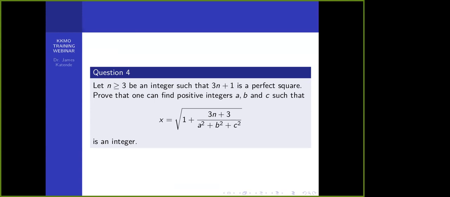Okay. So I was saying, since we're told that n is greater than or equal to 3, then 3n plus 1 will be greater than or equal to 10. And then that 3n plus 3 that's inside the square root will be greater than or equal to 12.